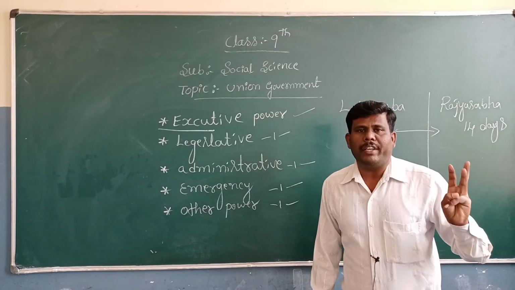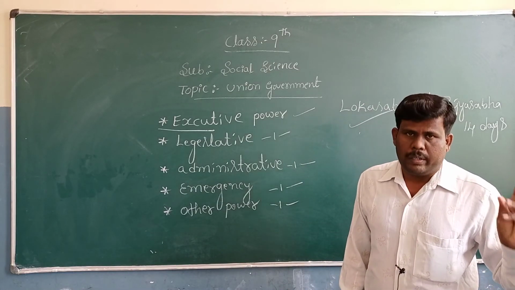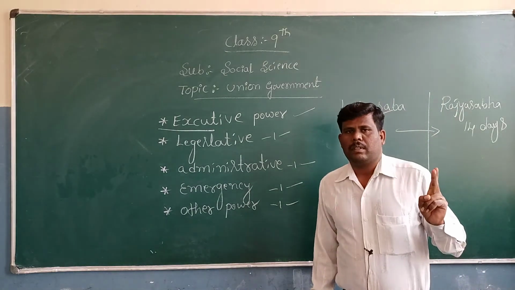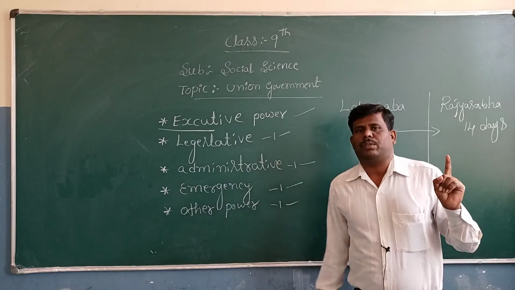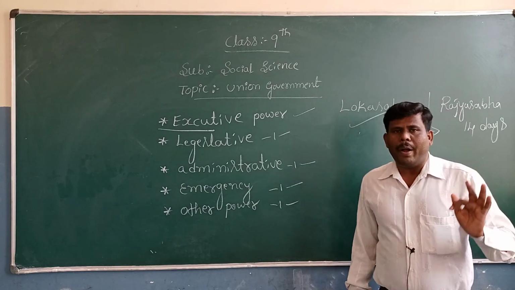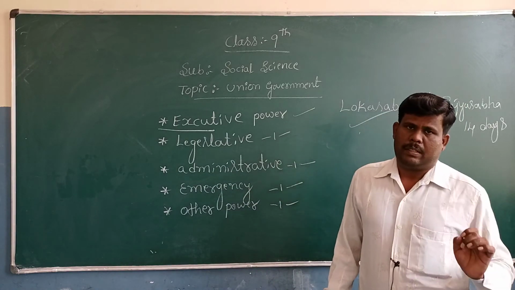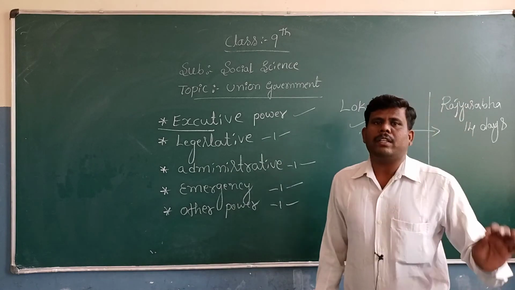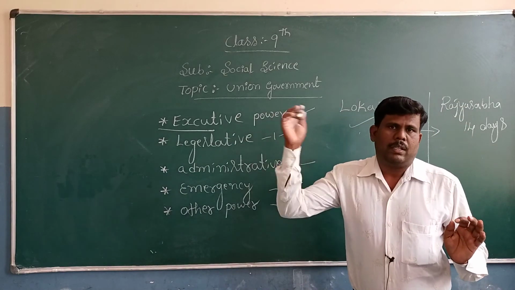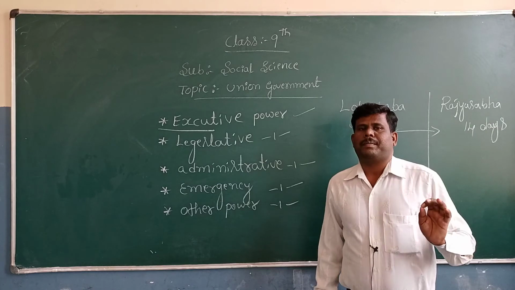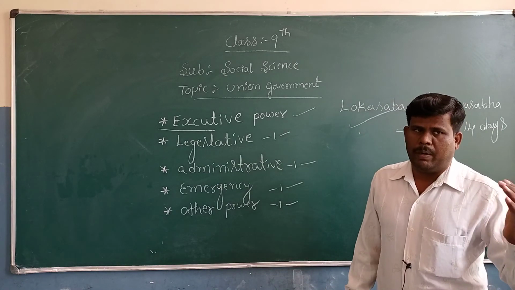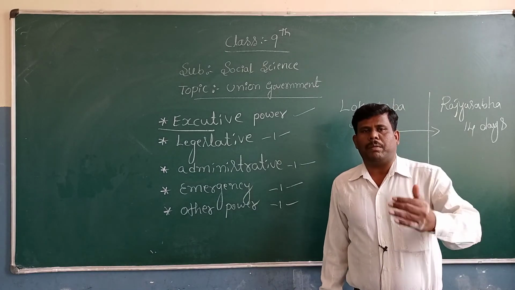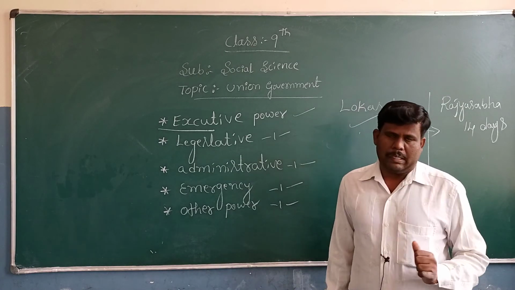See once again, the important officials appointed by the President of India. He appoints the Auditor General. He appoints the judges of the High Court and Supreme Court. He appoints the governors to the states. He appoints ambassadors to other countries. And he appoints the commissioners of the Union Public Service Commission, Finance Commission, and other commissions.